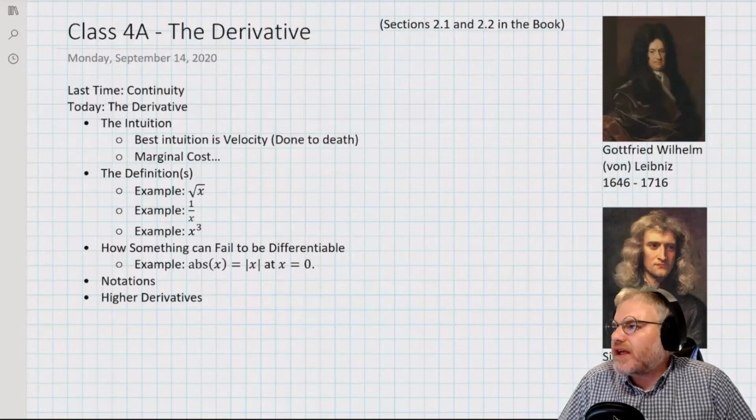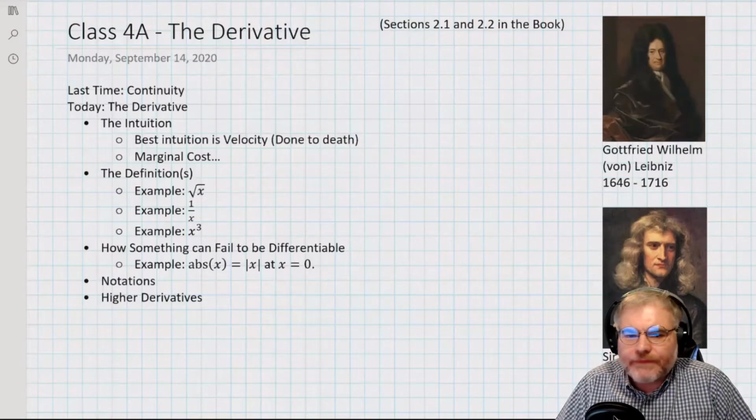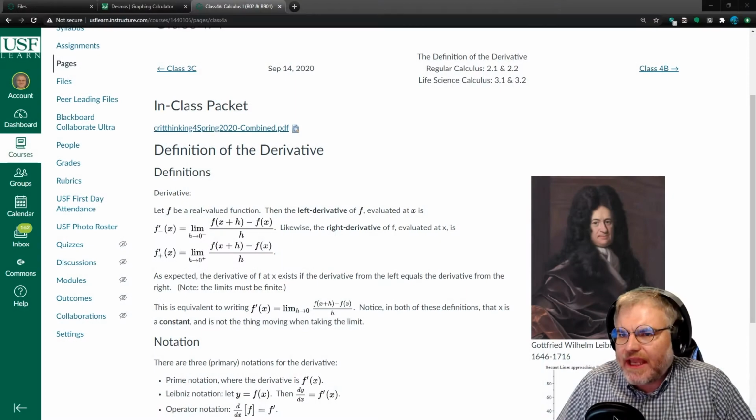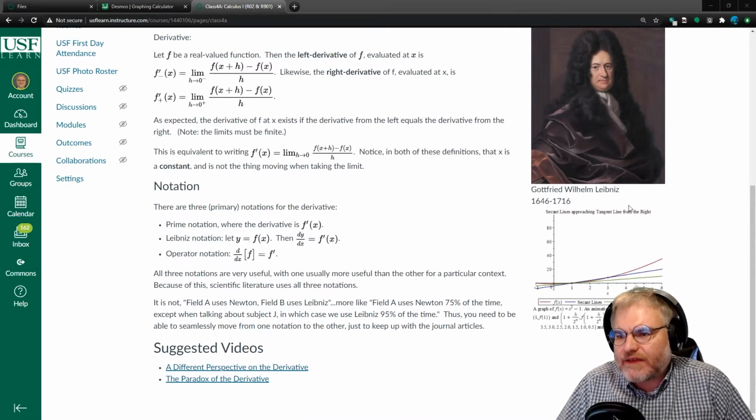Now, the notes for tonight, if you looked on the Canvas site, that's wrong. That should be the other packet. But if you look on the Canvas site, the notes here are not in a PDF. They're just on here. It's got a nice little moving picture, so I wanted this here.